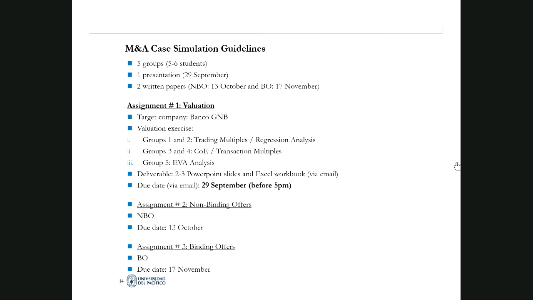The methods is just for you to make sure to move them or to change them or to have them as information to come up with a value that you will present for your offers in the future.